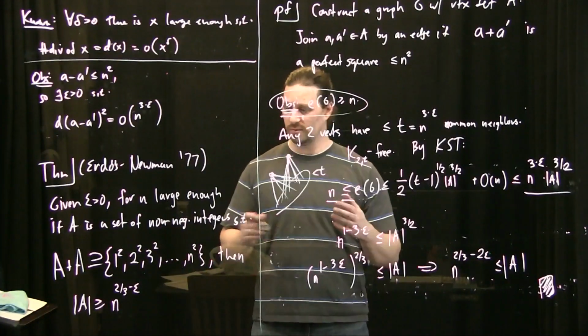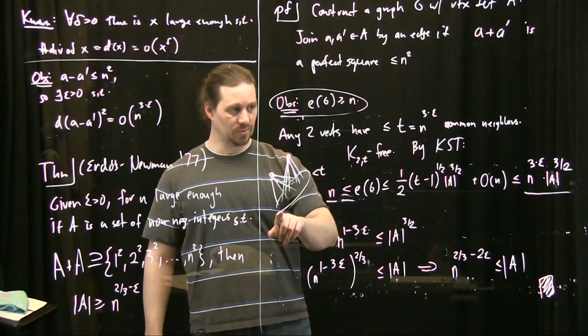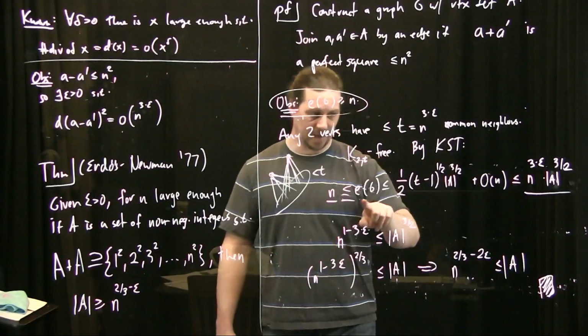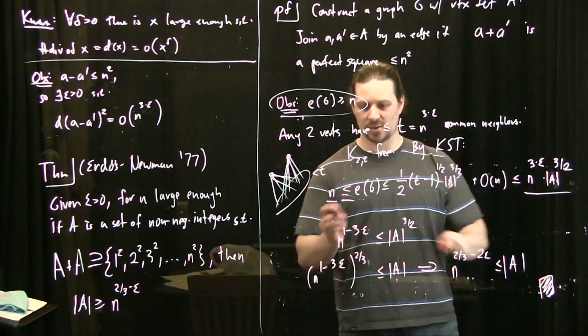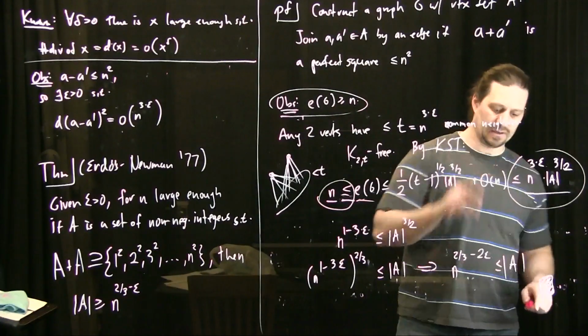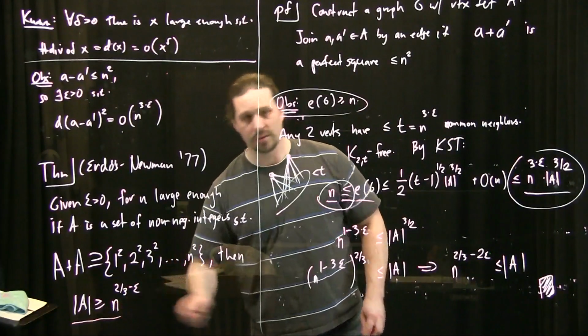That has something to do with the number of squares that are available there. So common neighborhoods are not too big, which means the graph is K_{2,t}-free. So we can apply Kővári–Sós–Turán to get an edge bound. And I don't care so much about the edge bound. I'm actually looking at an upper bound on n, which is this guy here. And then I just solve for A, which gives a lower bound on A of exactly what we wanted from the theorem. Okay.